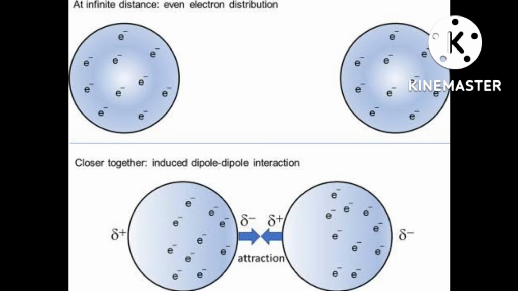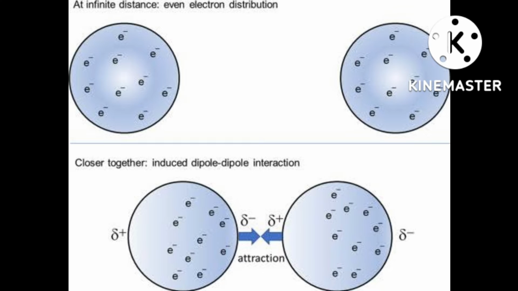Ends of the dipoles possess partial charge. You can understand by taking examples. As in sodium chloride, Na plus and Cl minus. In a molecule, two ends may be there, one may be positive, the other negative.